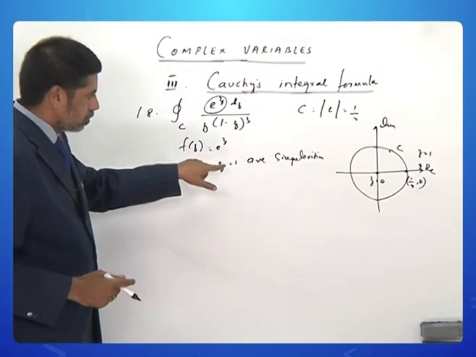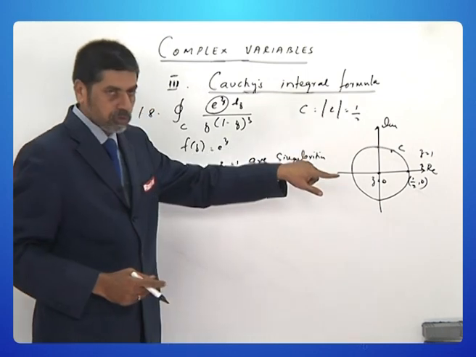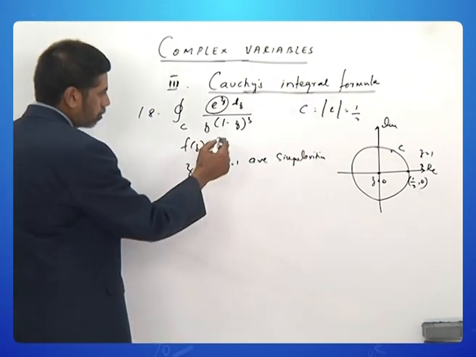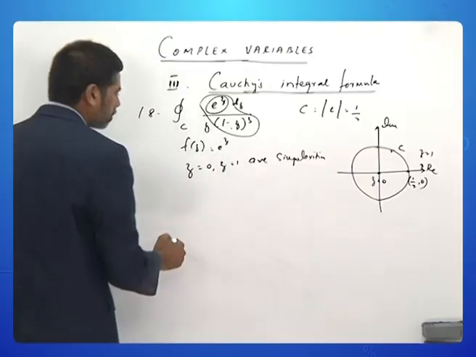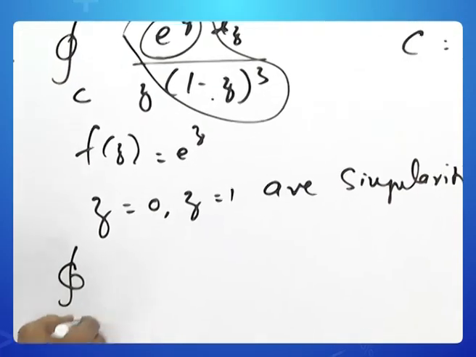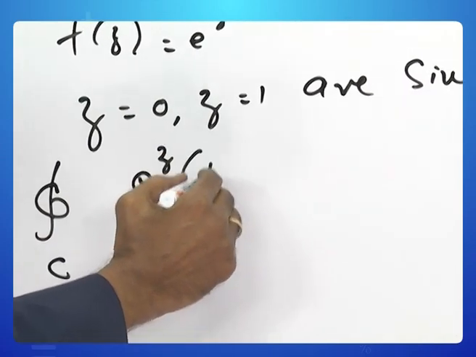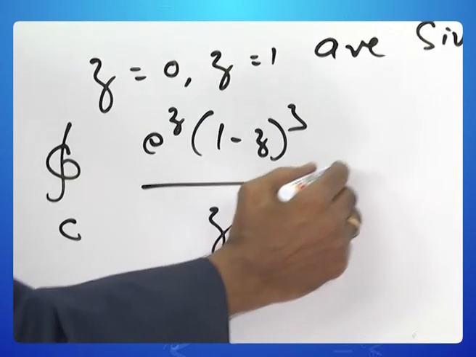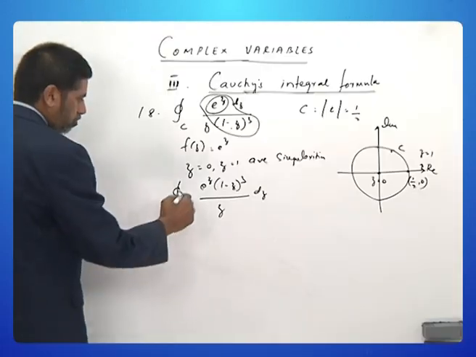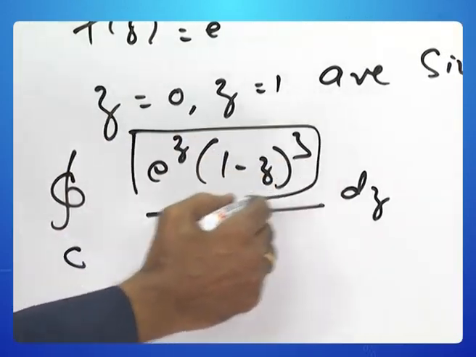So, even though z is equal to 1 is a singularity, it does not belong to the contour. So, you can promote this to the numerator. So you can bunch this into the numerator, e power z by 1 minus z whole cube by z dz. So this will be the new f of z.